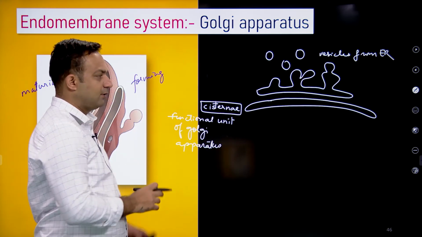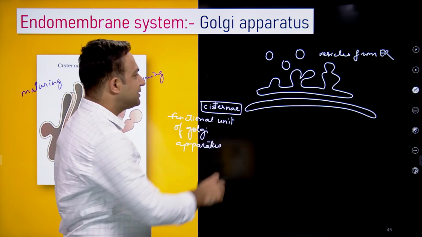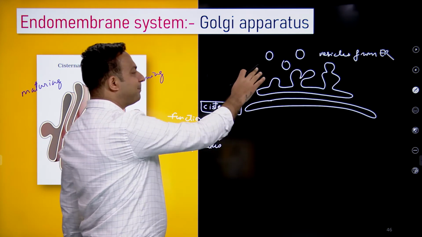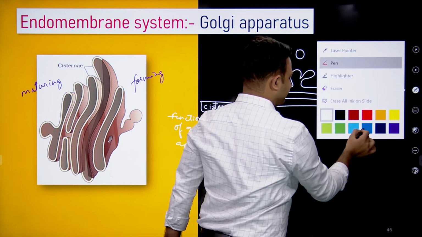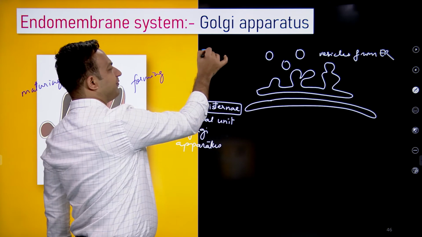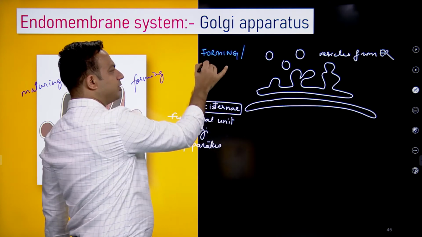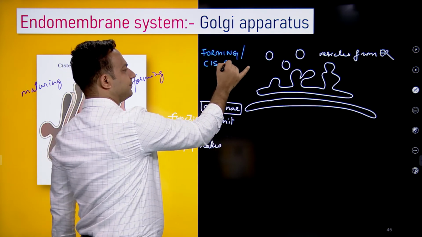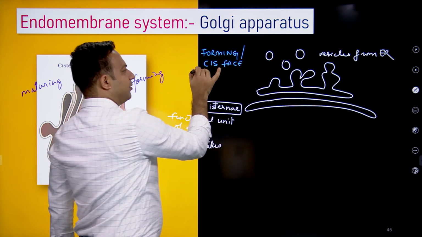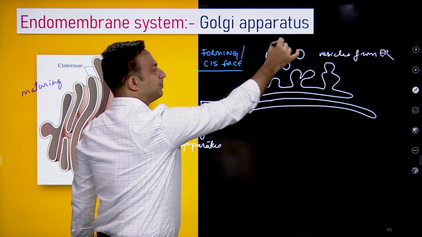So further, what happened to this cisterna? This is the forming phase. Remember, the appearance of the forming phase, or you can say cis phase, appears convex from the nucleus side.